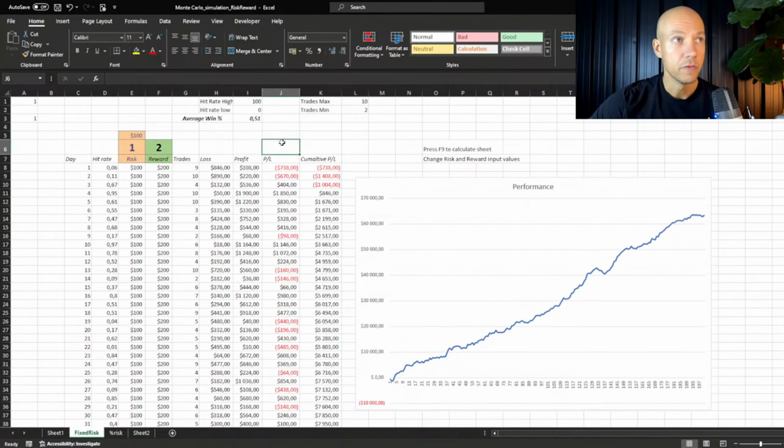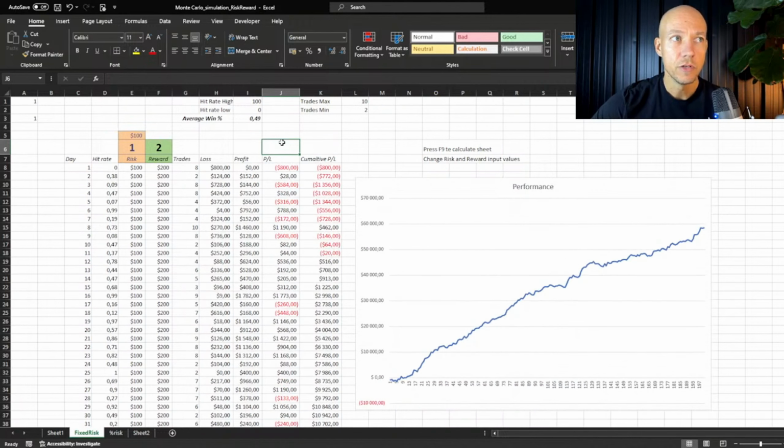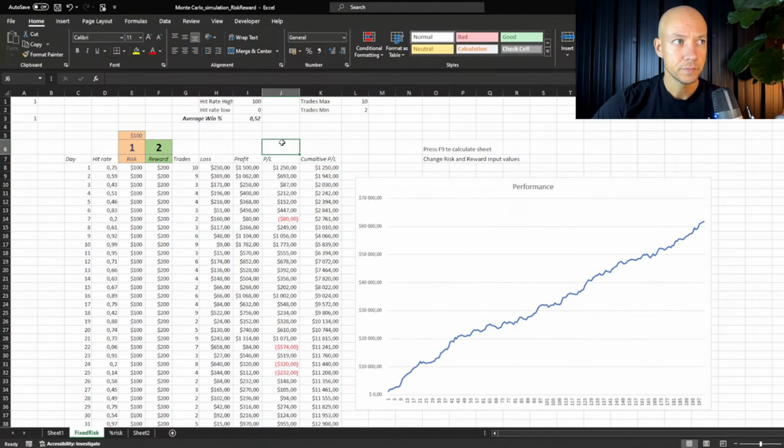So if I refresh my sheet, it's going to be very close to 50%. But you can see on day 1 there was a 75% win percentage. The next days were 59, 43, 51, 46, 83, 20. But the average of those is actually 53%, 58% after 9 days.